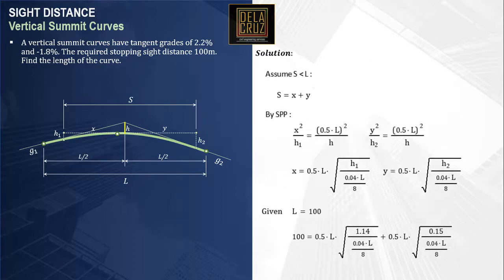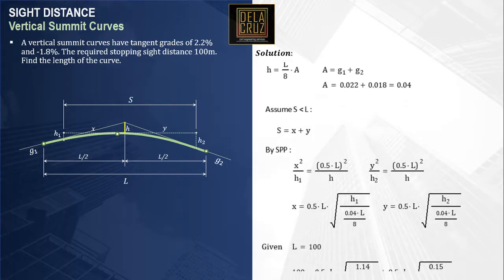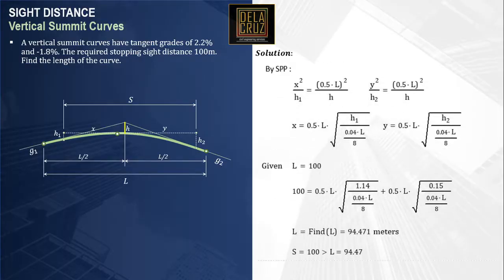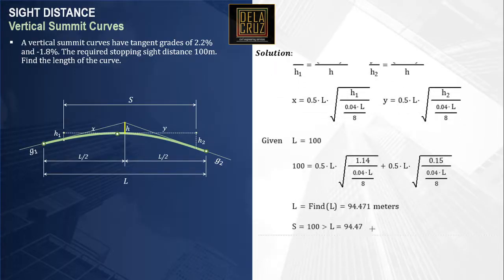Therefore, our assumption here, that S is lesser than L, is wrong, no? So this is not okay. Okay? Therefore, the correct condition is S is greater than L.